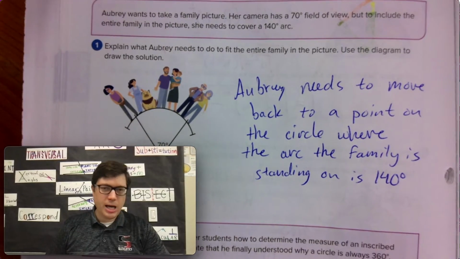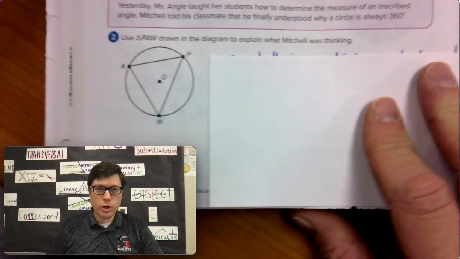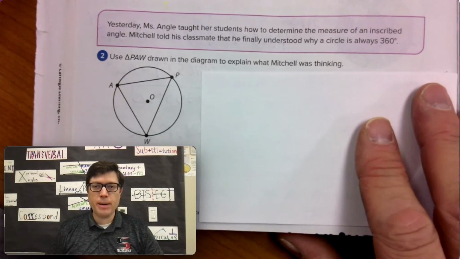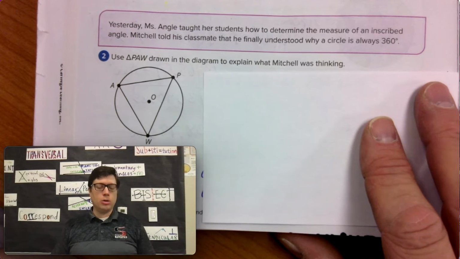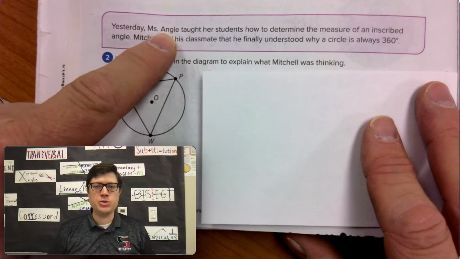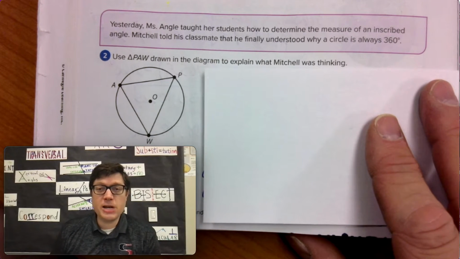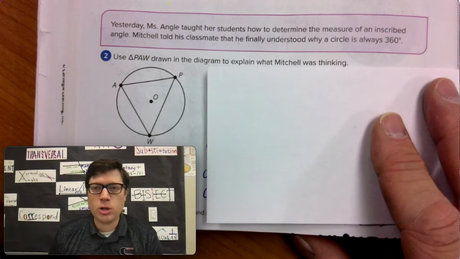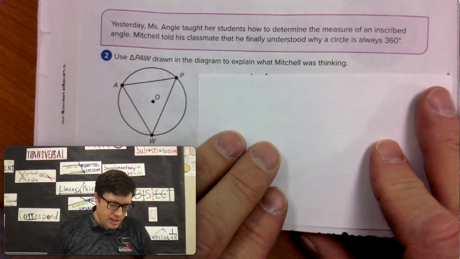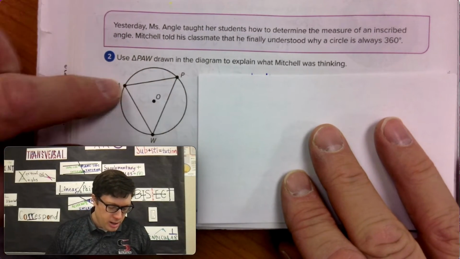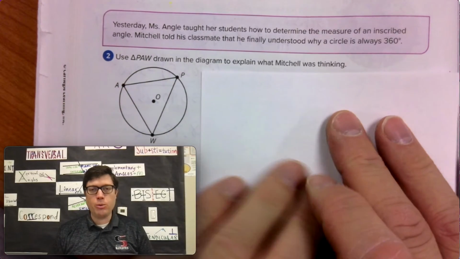Yesterday, Miss Angle told her students how to determine the measure of an inscribed angle. She knew she was going to be a teacher in mathematics. Mitchell told his classmates that he finally understood why a circle is always 360. So let's use triangle PAW drawn in the diagram to explain what Mitchell was thinking.